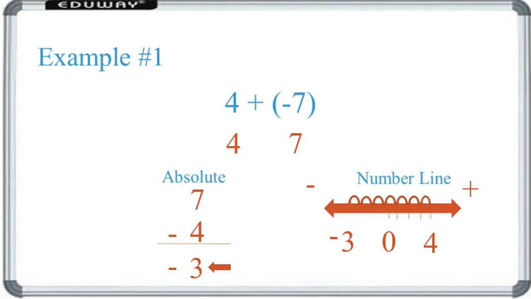The rules say that the number with the largest absolute value is going to determine the sign of my answer. The number that had the largest absolute value was the -7. The -7 is a negative, so that means the answer is going to be a negative. So the absolute value method gives you an answer of -3.